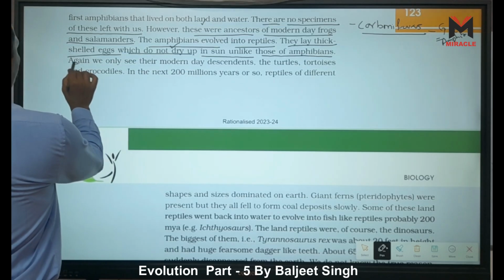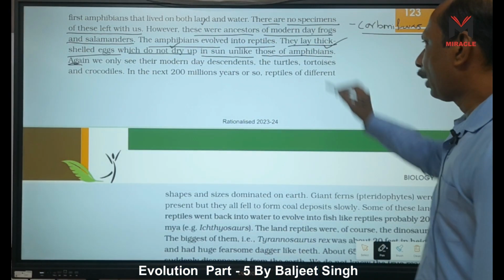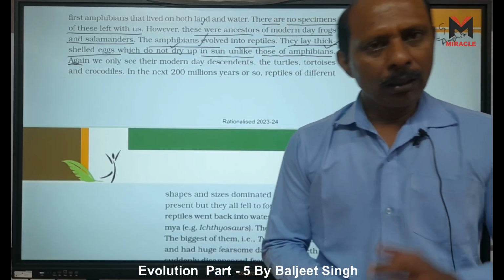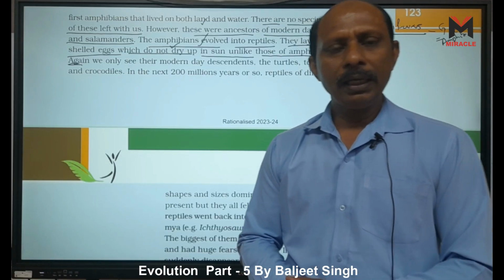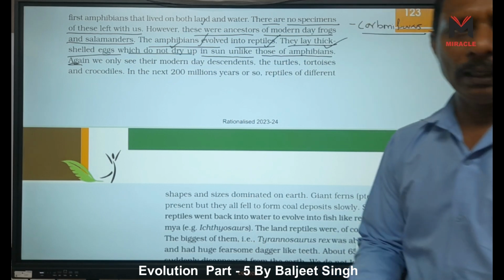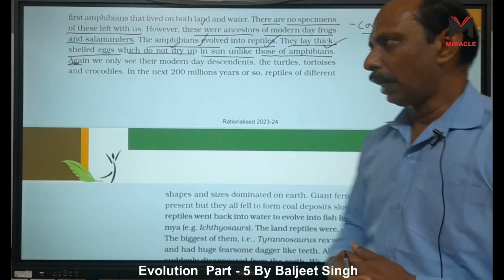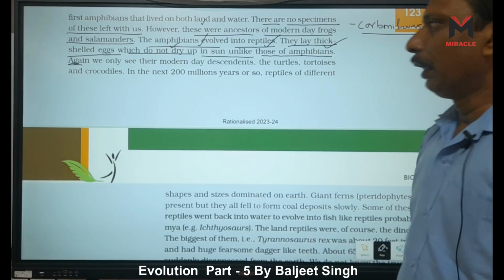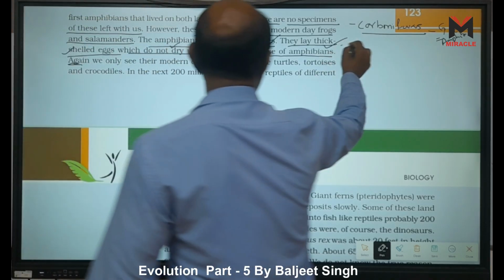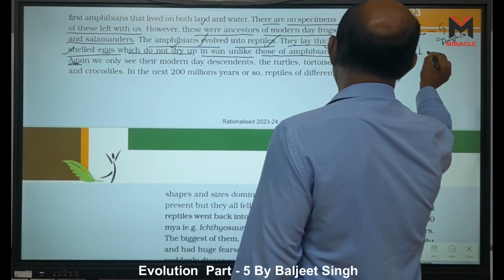Amphibians lay eggs into the water, aquatic, so they need not have a thick shell. But reptiles, being land dwelling, need to protect their eggs from drying up in the sun. So their egg contains a leathery shell. It is thick, and it is leathery eggshell today also.